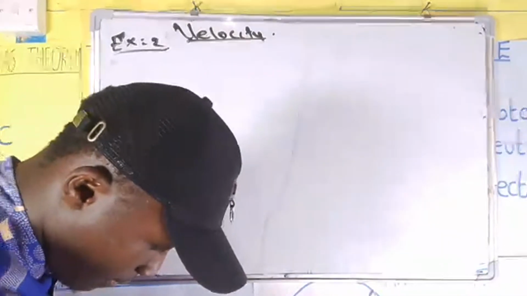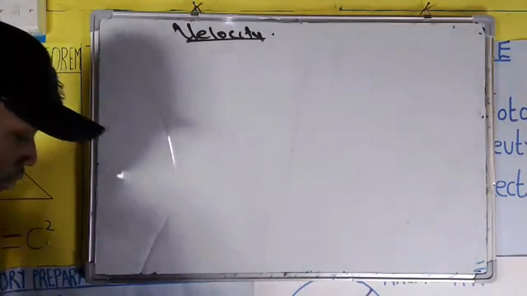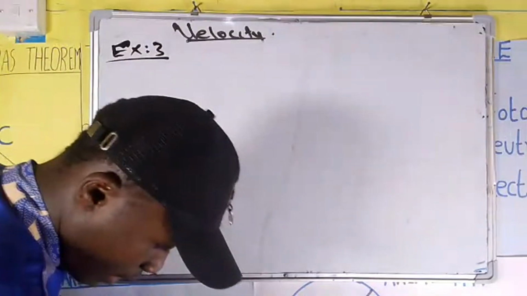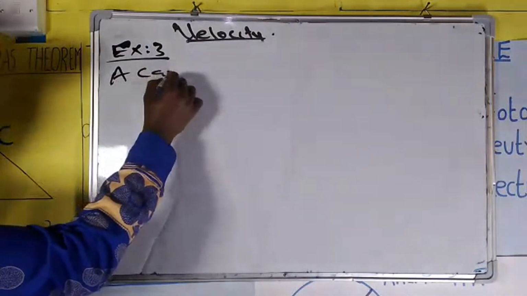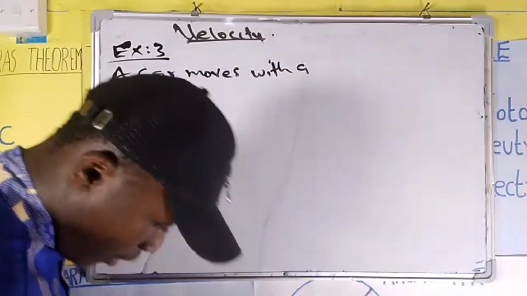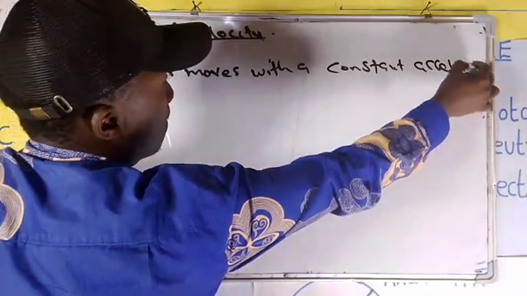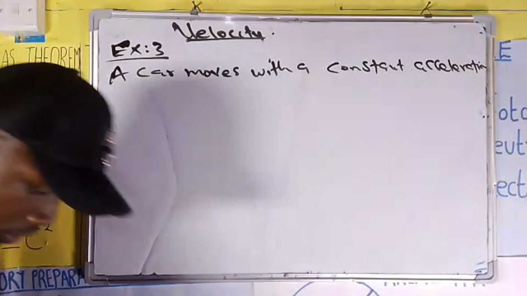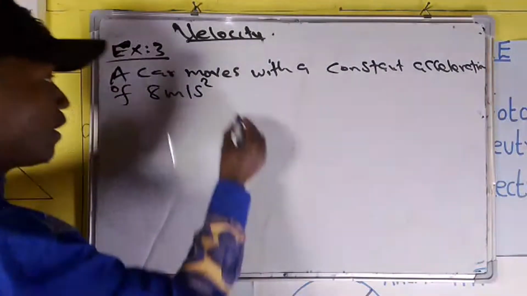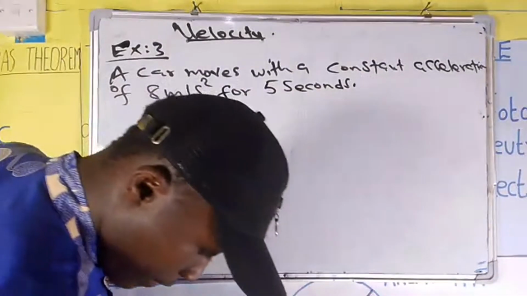The next question, example 3. A car moves with a constant acceleration of 8 meters per second squared for 5 seconds.